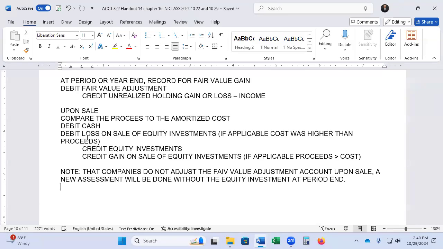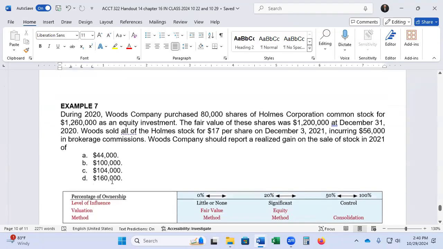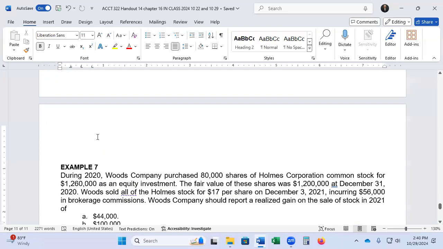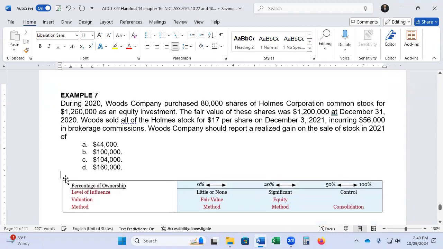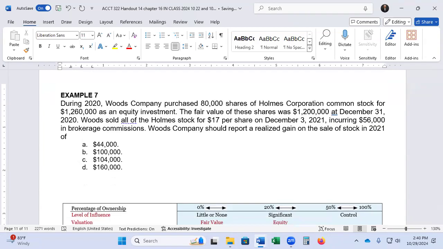Next. So we got example 7. Okay, it says Woods Company purchased 80,000 shares of Holmes Corporation common stock for $1,260,000 as an equity investment.